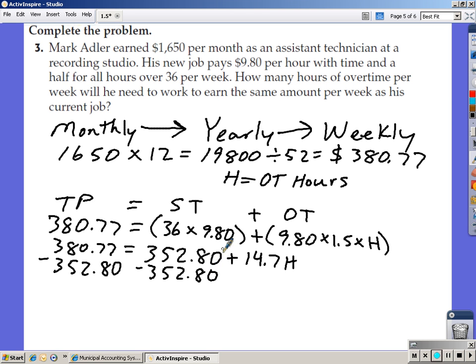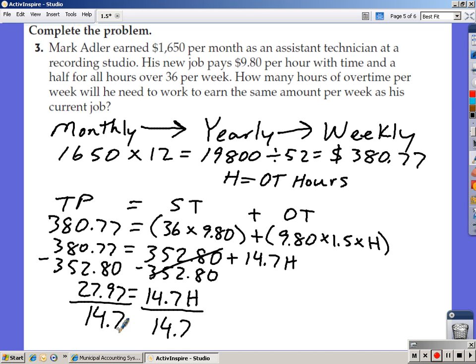That's going to cancel there. 380.77 minus 352.80 is 27.97 equals 14.7H. Divide both sides by 14.7. Cancels. And you get 1.9 equals H. So that's 1.9 hours.